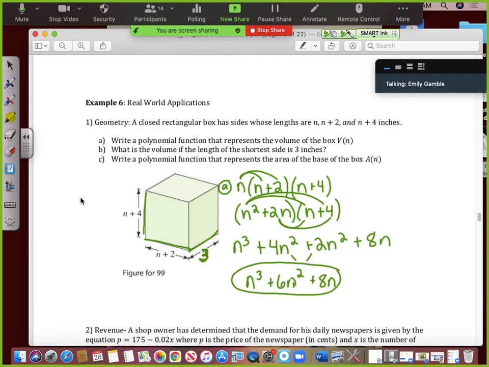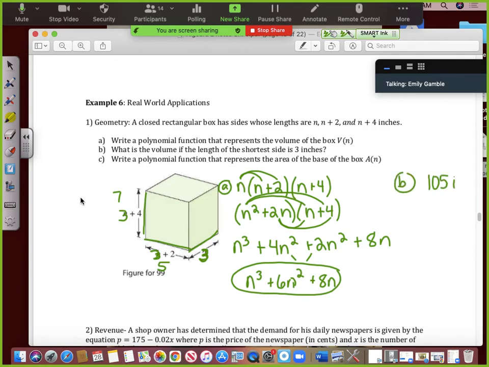If n is 3, then what would this side be? 5, yep, because 3 plus 2 is 5. And then what would this side be? 7, exactly. So in order to find this quicker, you can just do 7 times 5 times 3 and get the volume. So 7 times 5 times 3 is 105. So for B, just multiply these together, and it would be 105.